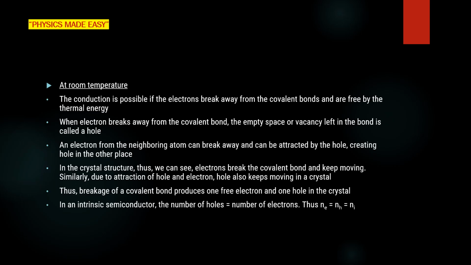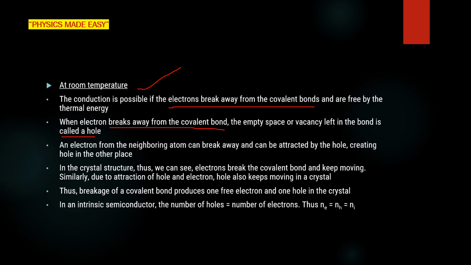And what happens at room temperature? Conductivity is possible at room temperature if electrons break away from the covalent bond and become free by thermal energy. When an electron breaks away from the covalent bond, the empty space or vacancy left in the bond is called a hole.